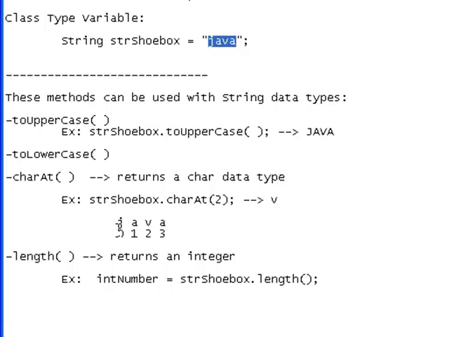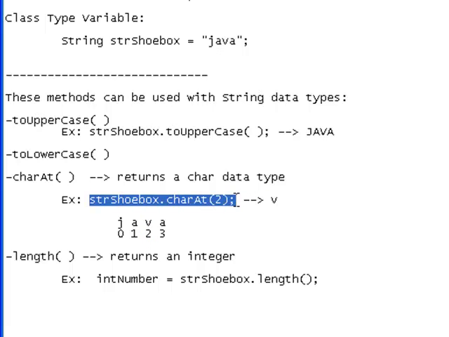Now in Java, keep in mind that things are a little bit different. You always start out, the first character is always at position 0. So J would be at 0, A would be at position 1, and then V would be at position 2. So this statement right here would actually return the value of V. It would return the character type of V.